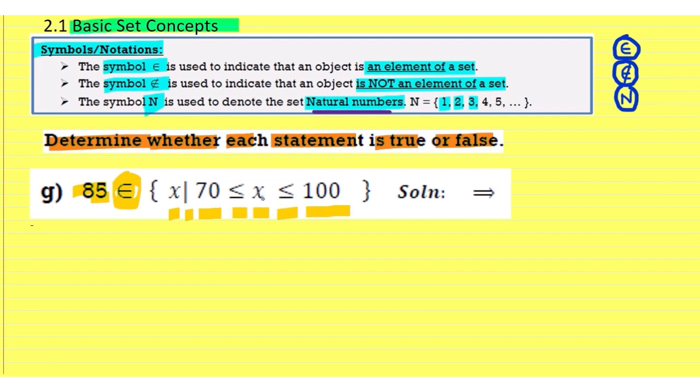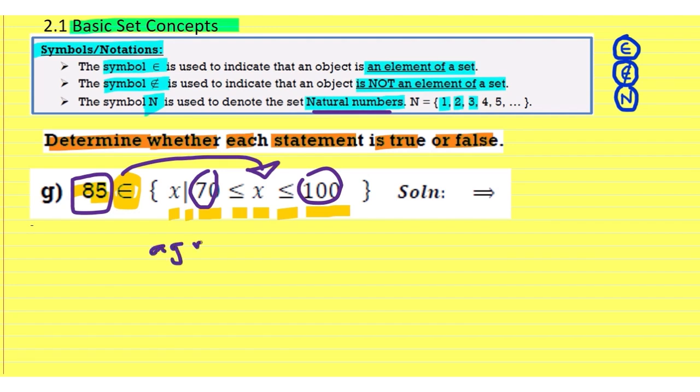All that means is that X is between 70 and 100. So is 85 between 70 and 100? Yes, we agree, it is. So if we agree, then this is a true statement.